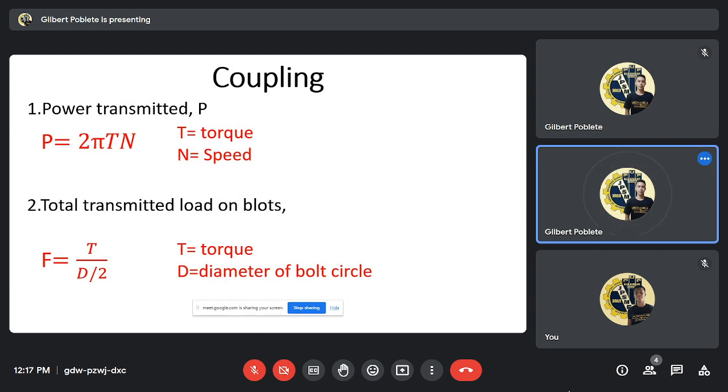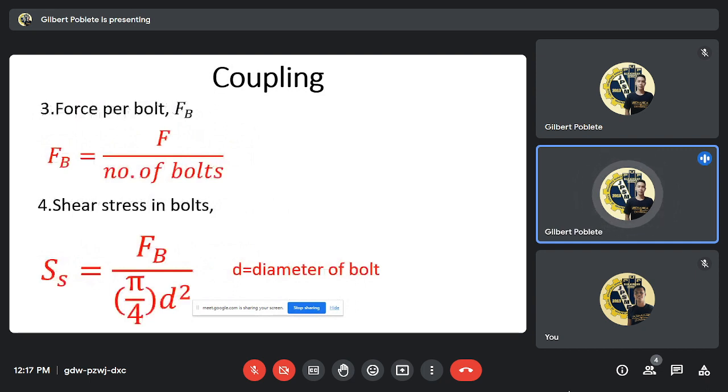So, ayan. Next, force per bolt. Meron tayong force over the number of bolts. Shear stress in bolts. So, kailangan natin ng force ng bolts over pi over 4 times the diameter squared. Diameter ng bolt to guys yung maliit na d.